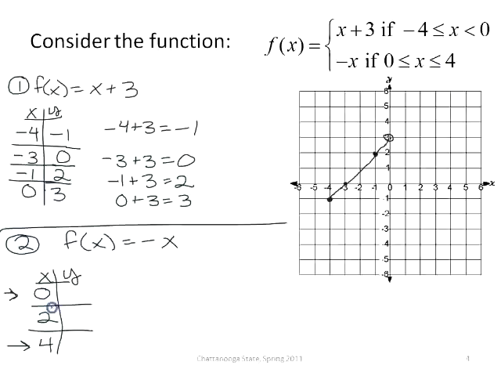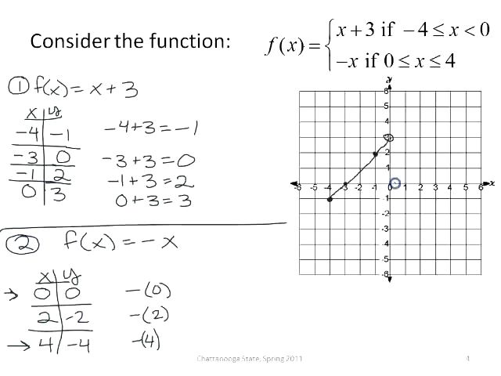So if x is 0, y will be the opposite of 0, which would still be 0. If x is 2, y would be the opposite of 2, which is -2. And if x is 4, y would be the opposite of 4, which is -4.